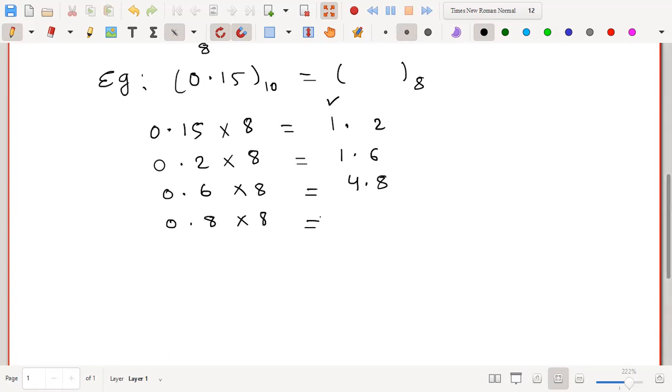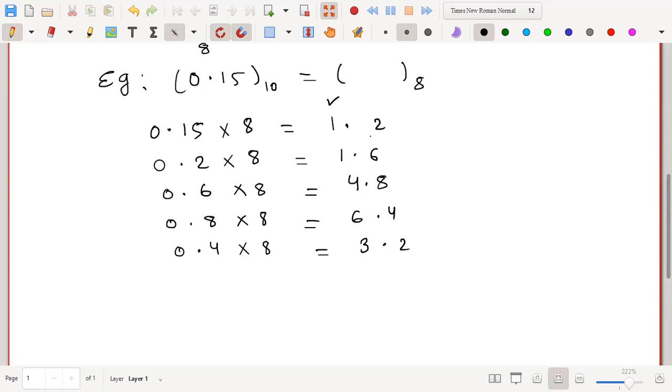So this 0.8 into 8 is 6.4. Now you have 0.4 here. So it is 0.4 into 8. This is 3.2. And back again, you come to this 0.2 again. So this is repetitive.